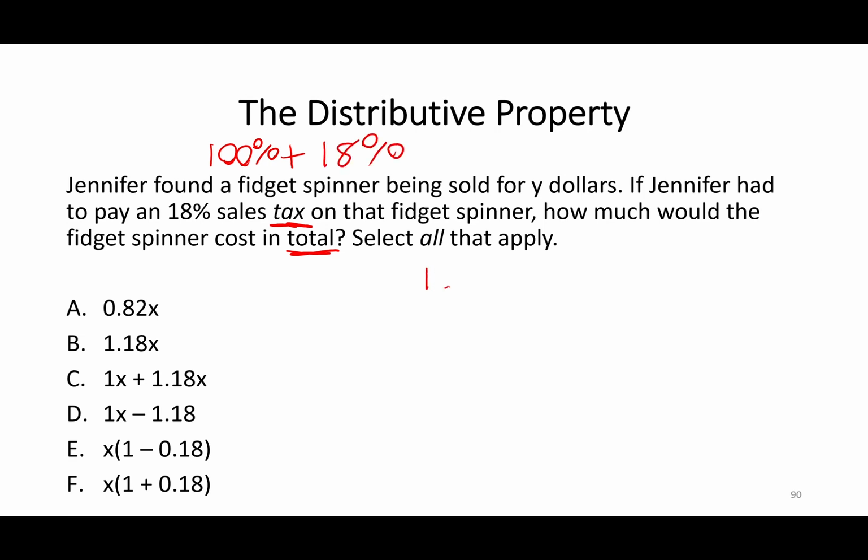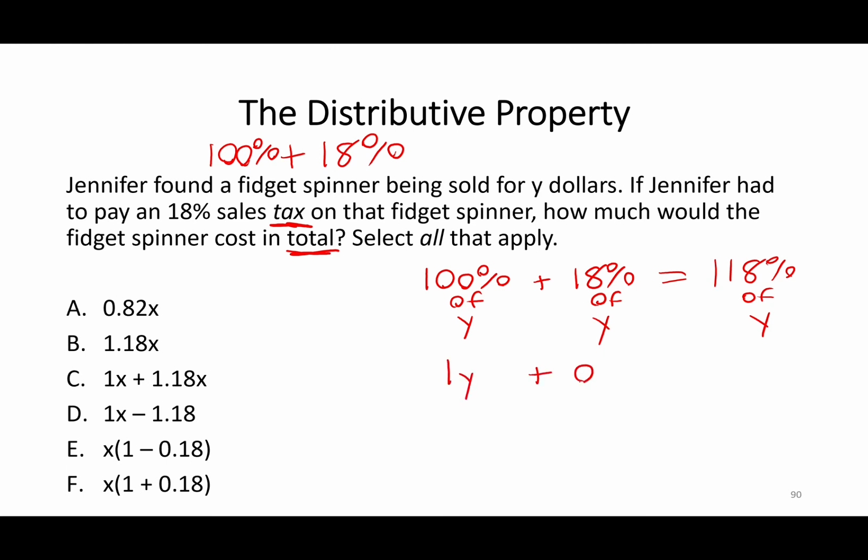Okay, so let's do it. 100% of my original, Y, plus 18% of Y equals 118% of Y. Okay, so 1Y plus 0.18Y equals 1.18Y. This is a possible answer choice.